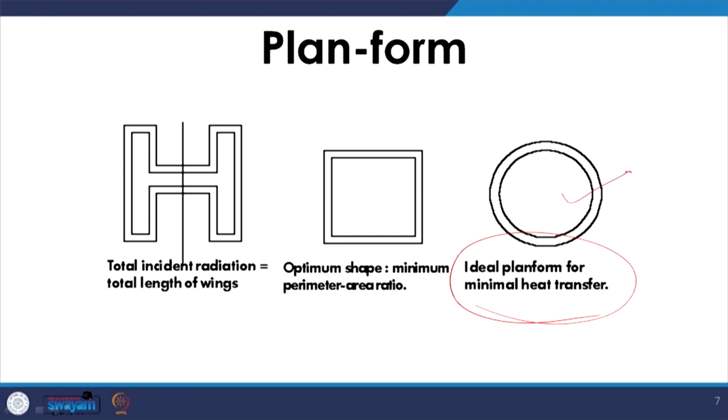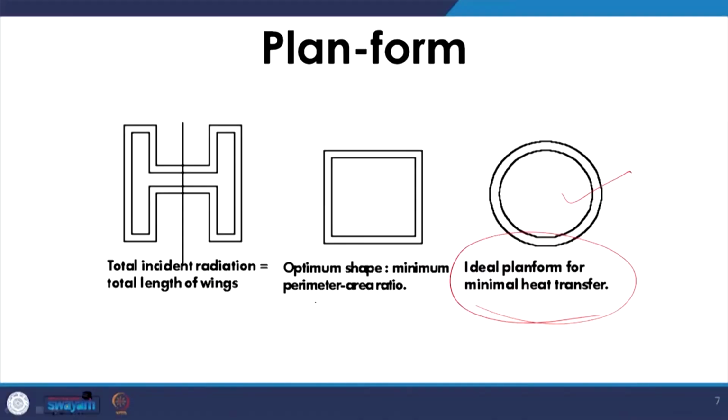And that is why, if we look at the majority of traditional building plan forms in hot dry climates, we would find that they are often circular. You look at bungas of Rajasthan, huts from Cameroon, huts from Kutch, we would find that they are usually circular in plan. That minimizes the perimeter to area ratio.